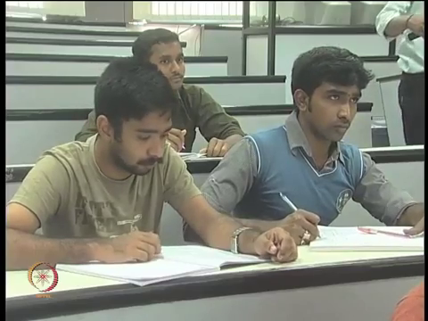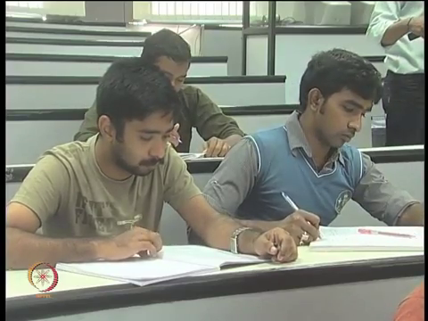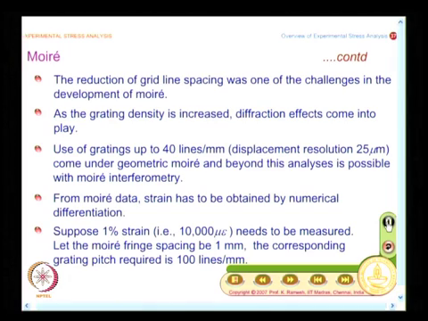And we have also looked at efforts aimed at increasing the density of the gratings, and I posed a problem. I want to measure 1% of strain, and here it is clearly shown as 10,000 micro strain. Obviously, it is a very large value. Even when you want to measure very large strain, you require 100 lines per millimeter.